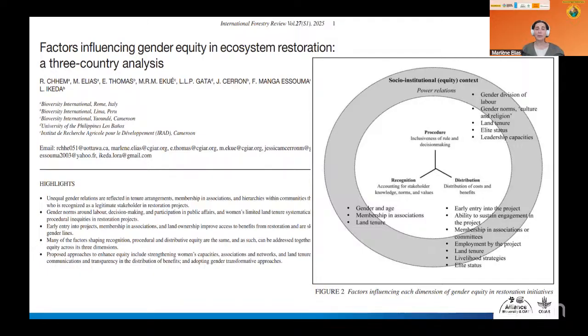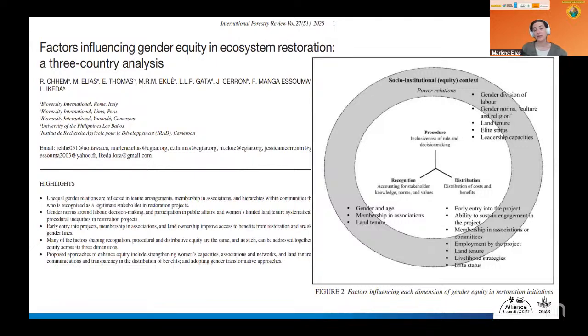So we spoke to women and to men in those communities through focus group discussions. We also interviewed key informants from the communities. We spoke to project staff. And you can see here the figure on the right-hand side that sums up some of the key points of the findings.